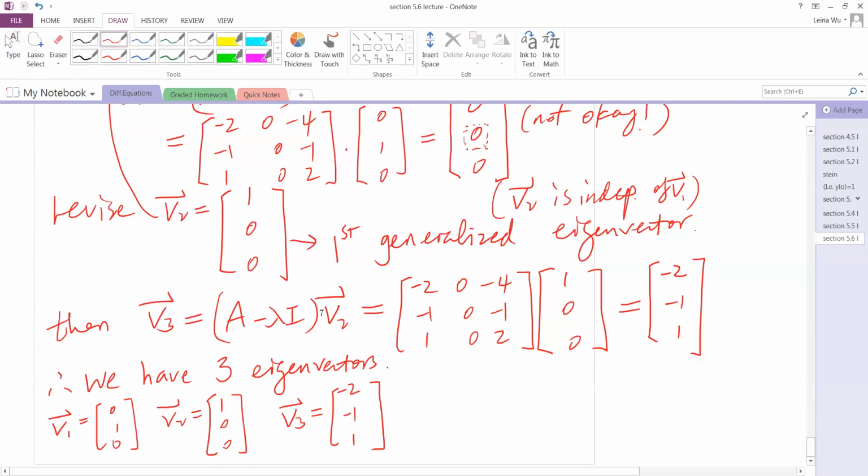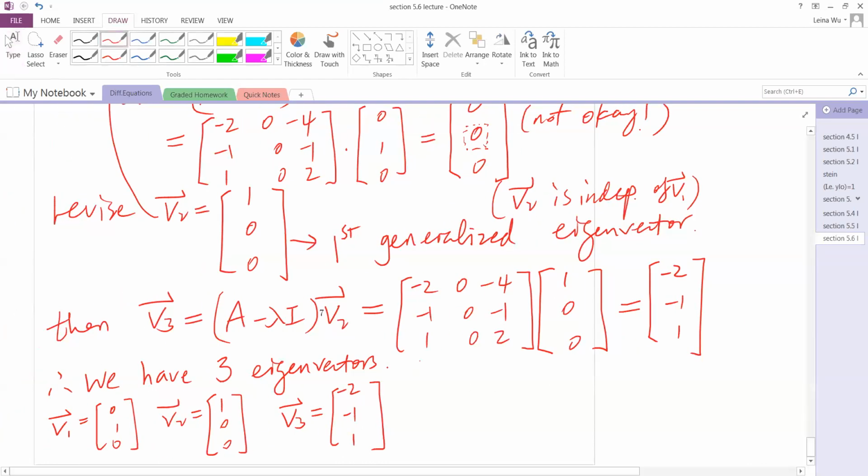If you have already taken linear algebra, you can tell that these are 3 linearly independent eigenvectors. Even if you haven't taken linear algebra, you know how to check whether they're linearly independent or not. You can do row operations as well. So 3 eigenvectors have been generated.